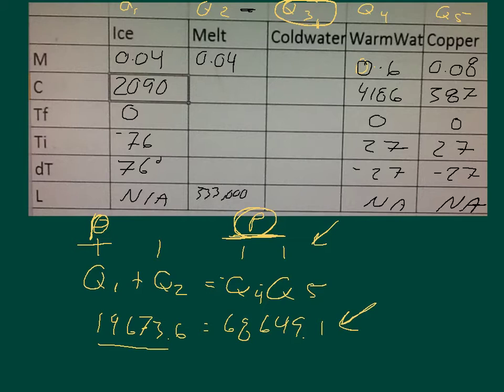So we know that the melted water at 0 degrees needs to start warming up some in order to come up to the energy equivalent that the warm water and copper lost.